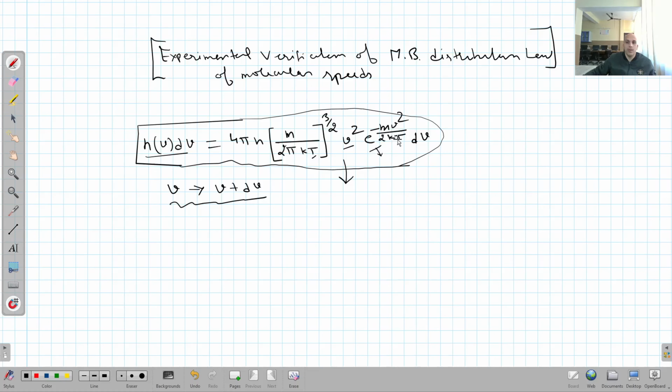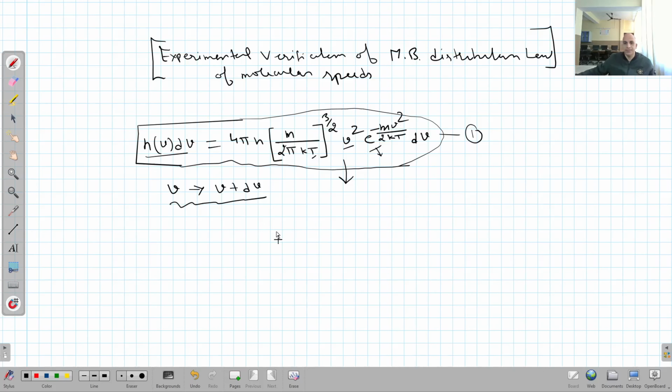This again depends upon temperature, mass, and velocity. When Maxwell and Boltzmann derived this equation, there was a need for experimental verification of this equation, whether the distribution of molecular speeds is in accordance with this equation or not.